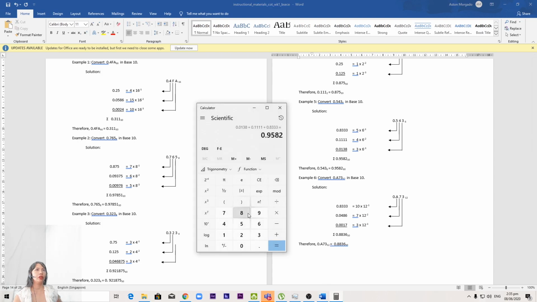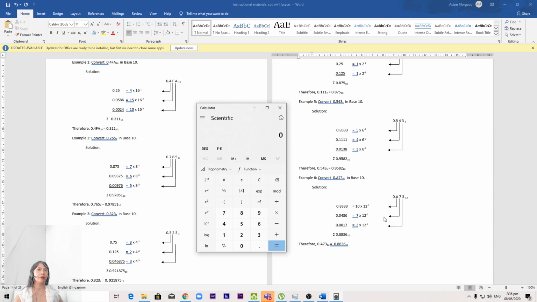So A is 10. 12 raised to negative 1 times 10 is 0.8333. Next we have 7 times 12 raised to negative 2.